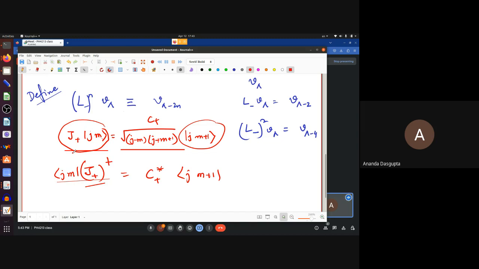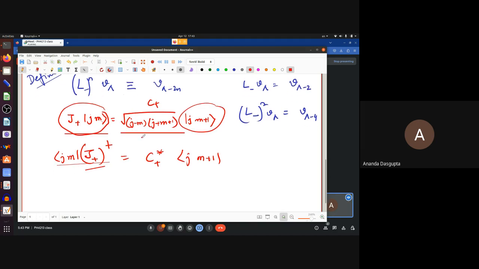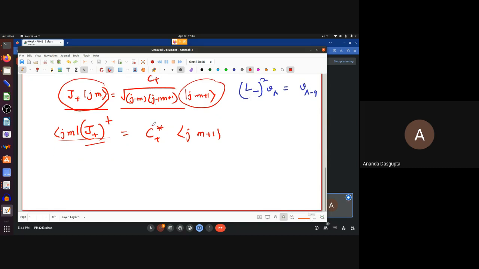Linear vector spaces don't have to come with inner products, and if you don't have an inner product, then this adjoint relationship makes no sense whatsoever. So in the step which gave you this factor, you actually used the fact that you have an inner product on your space. I'm just asking whether we can do this without invoking inner products at all.